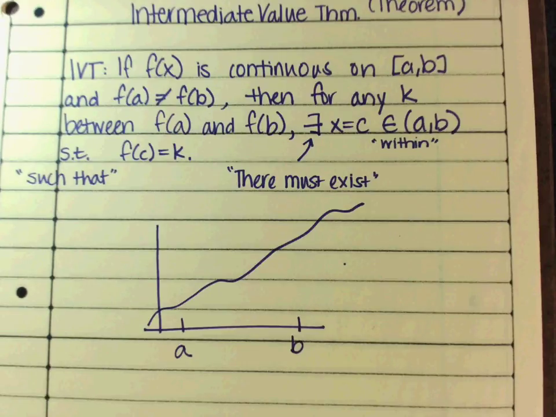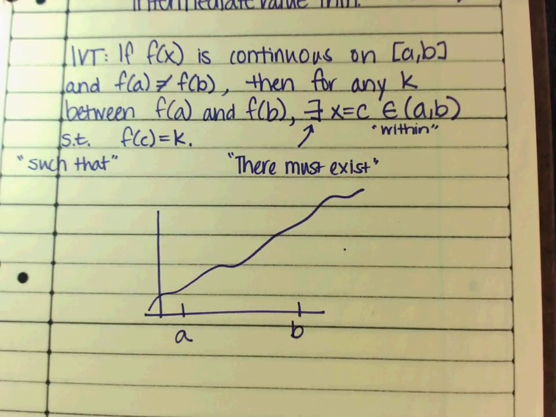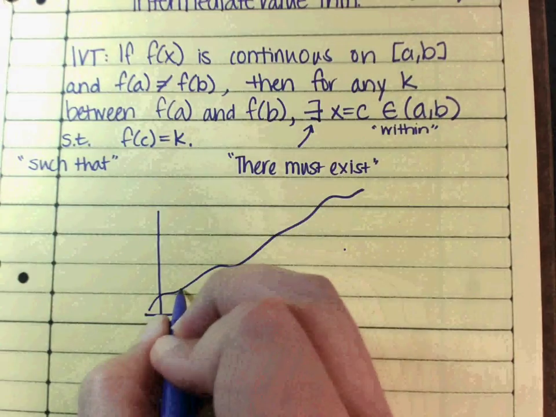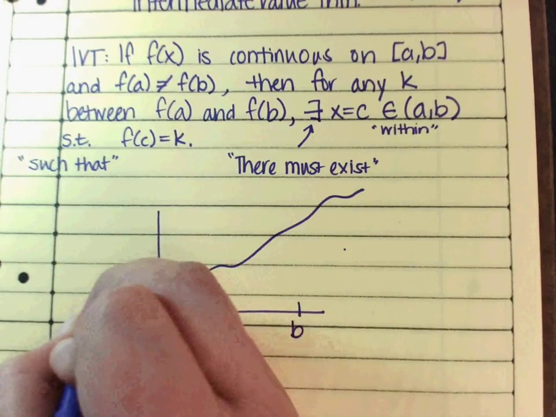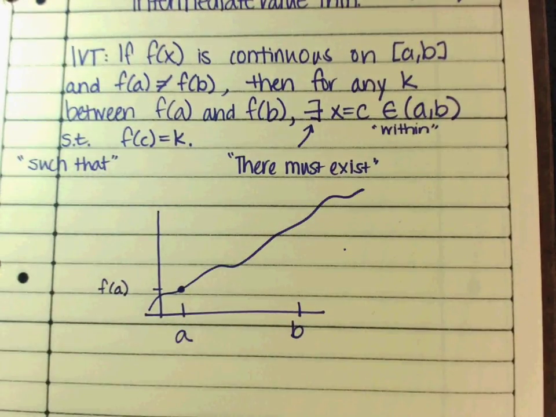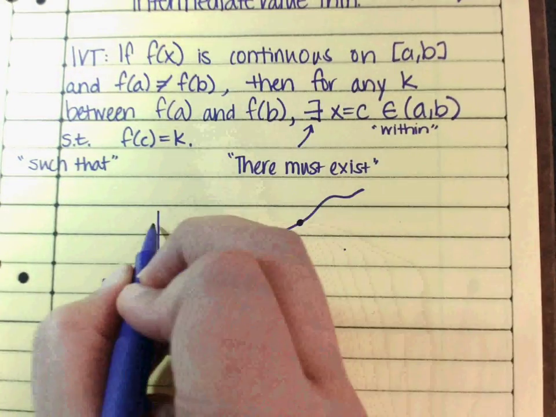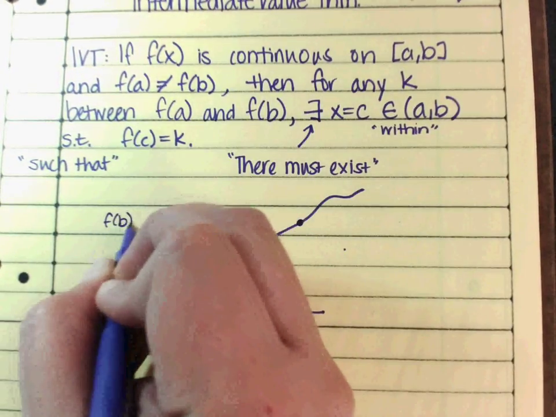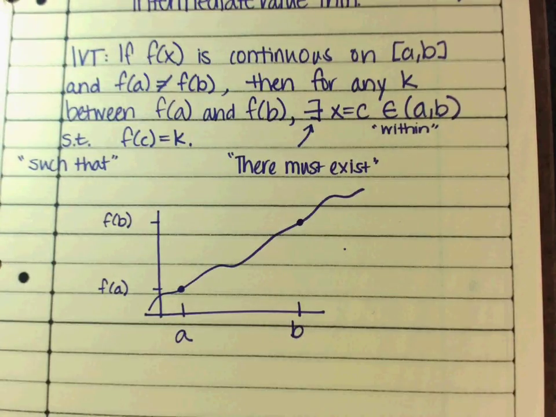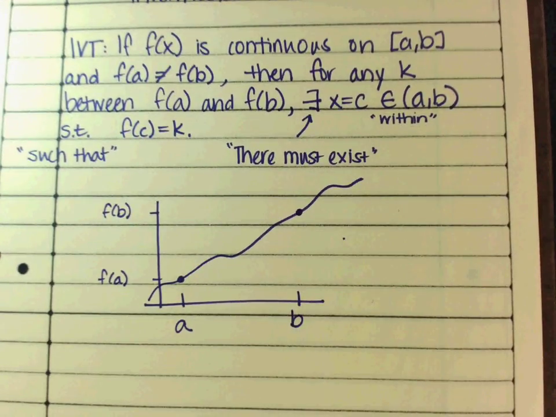Now, f of a and f of b are not referring to the x values. What are they referring to? The y values. So f of a would be like here, because that's a y value. And then f of b would be like here. So remember that f of a and f of b refer to the height of the function at those points.